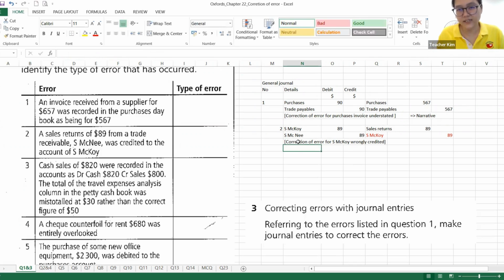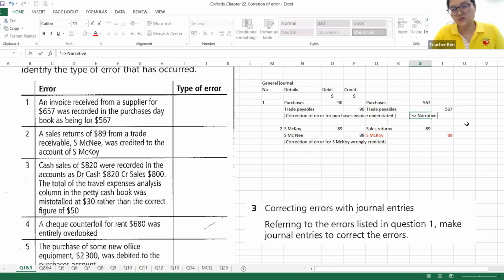Narrative is not really 100% standard, so long as you give something meaningful. The purpose of the narrative is in case people ask you why you put through this adjustment, so you know the reason for the adjustment.